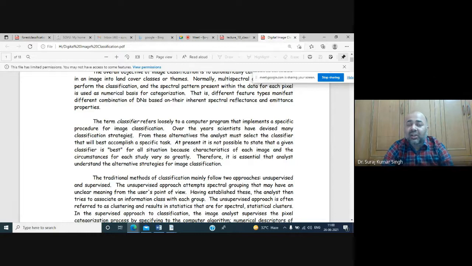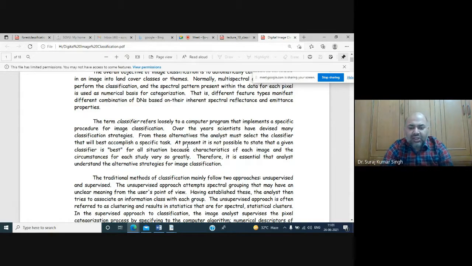You have got unsupervised classification, supervised classification, object-based classification, hybrid classification, subpixel classification, neural network classification. So a lot of classification techniques have evolved during the decades in order to solve your purpose, and for each and every object, your classification technique may vary.